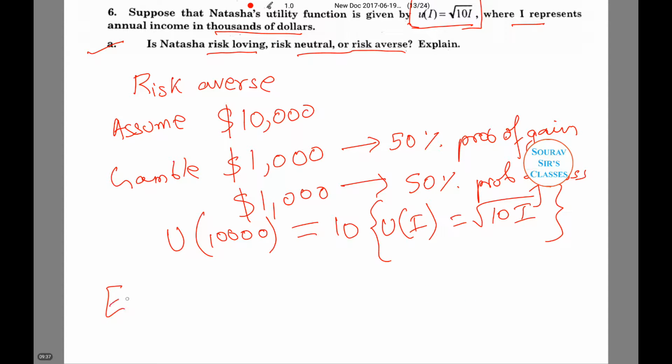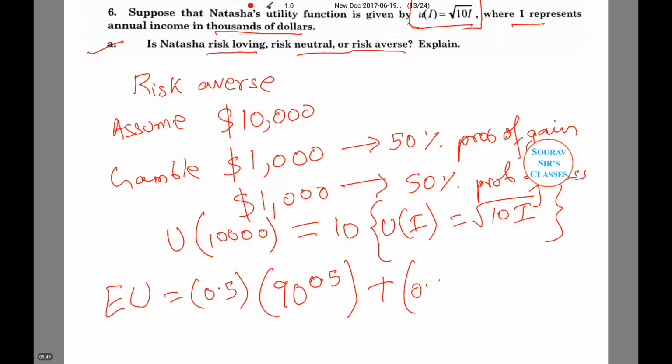Now her expected utility equals 0.5 into 90 to the power 0.5 plus 0.5 into 110 to the power 0.5.